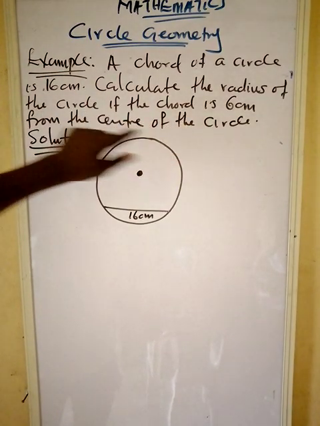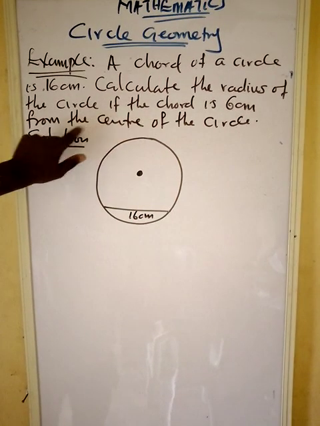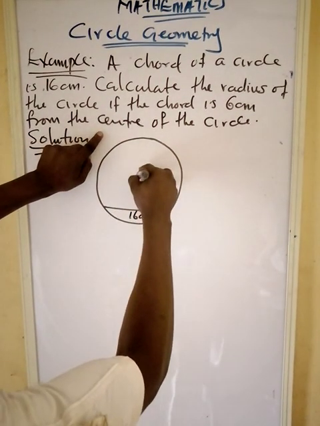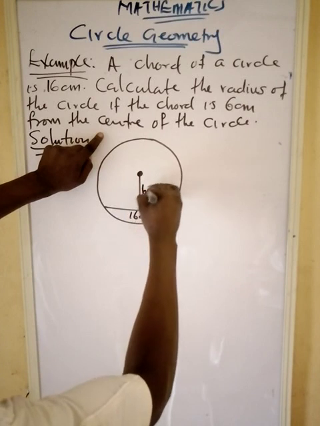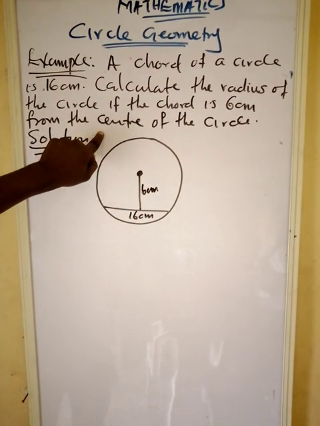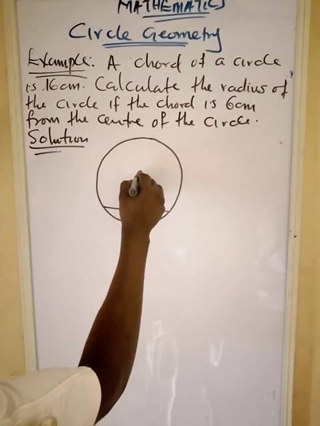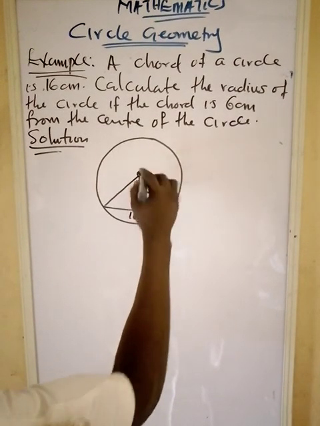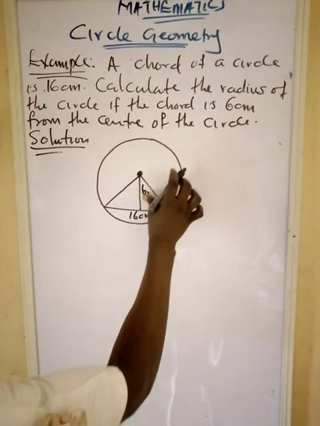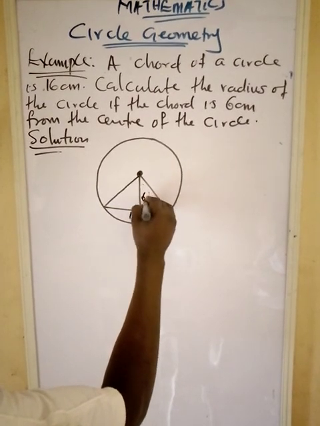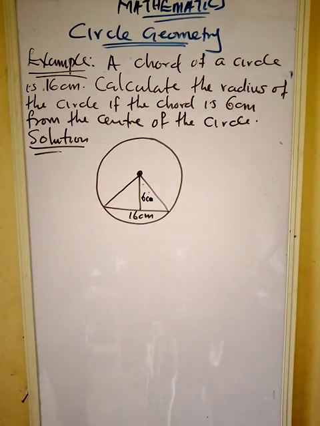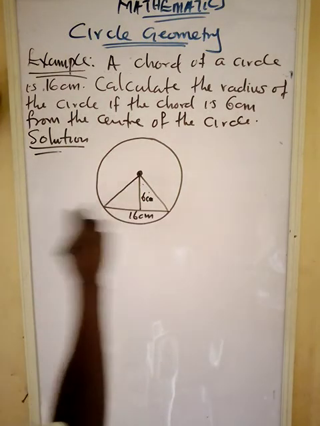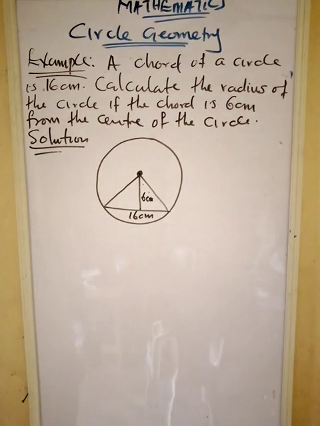Calculate the radius of the circle. If the chord is 6 centimeter from the center, that is from here to here, it is 6 centimeter. We have to calculate for the radius. Now, the whole chord is 16 centimeter.